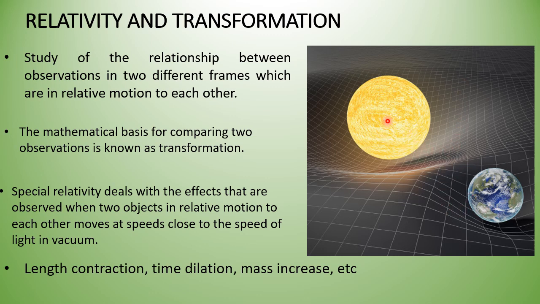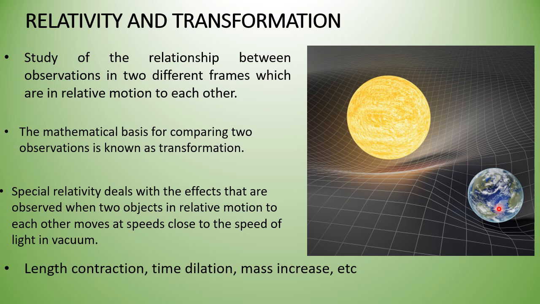So if we are making observations in the Sun and observations also on Earth, we find a way of relating the observations because they are two different frames of reference. The Sun is one frame of reference. The Earth is another frame of reference.